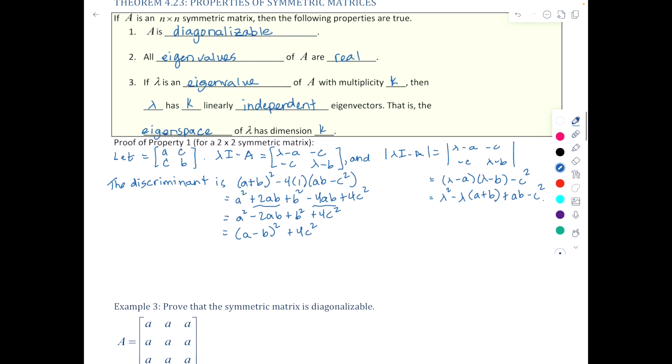Now, if this expression is positive, then by the quadratic formula, the characteristic polynomial has 2 distinct real roots.